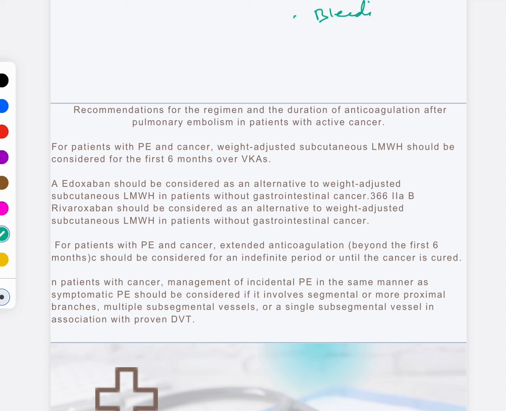Recommendations for the regime and duration of anticoagulants after pulmonary embolism in active cancer patients. For patients with PE and cancer, weight-adjusted subcutaneous low molecular weight heparin should be considered for the first 6 months over vitamin K antagonist or warfarin.